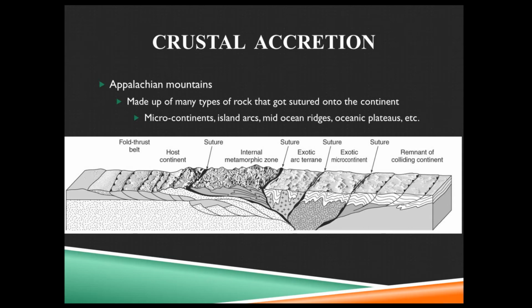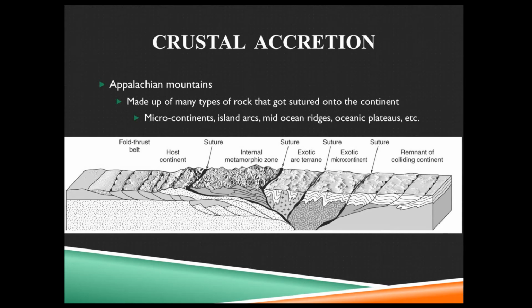And the last thing I want to talk about is crustal accretion. Remember I was saying that whenever you have some crust that's too buoyant, it has lower density than the mantle, it will not subduct. This can be continental crust.